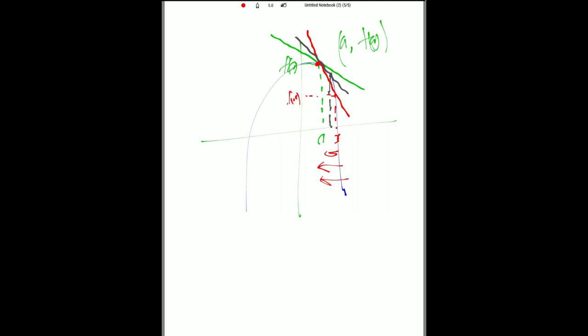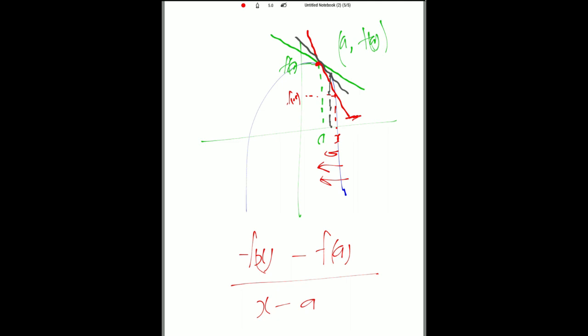Mathematically, what we're actually doing is taking the gradient of this line, which is, let's say, f of x minus f of a all over x minus a. And what are we doing?